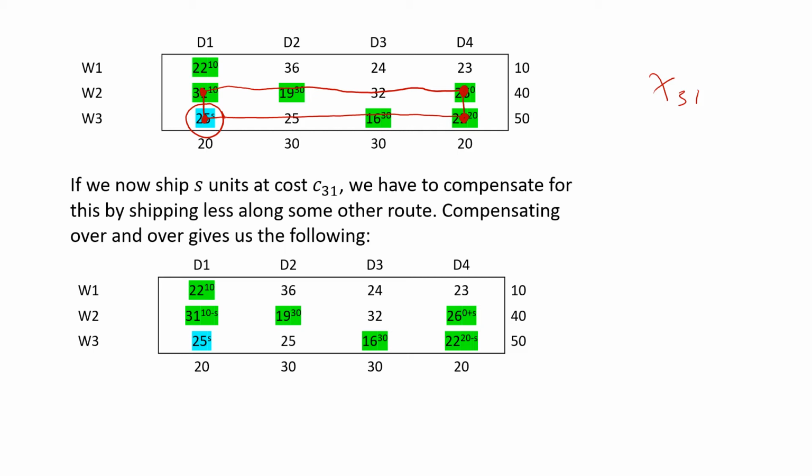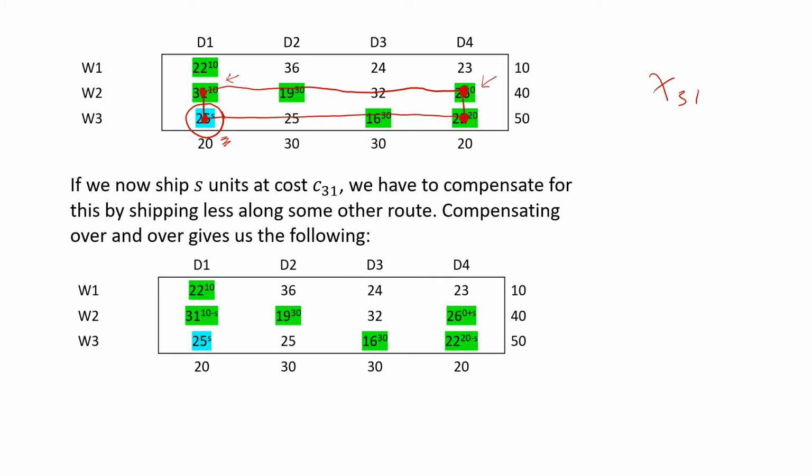Remember, I started by saying that I'm going to ship S units along here. Well, if I ship S units to distributor 1, that means that he's now getting an extra S units, so I have to drop the number of elements here. Now warehouse 2 doesn't have as many, so it has to increase here.